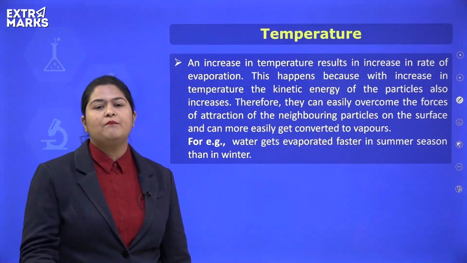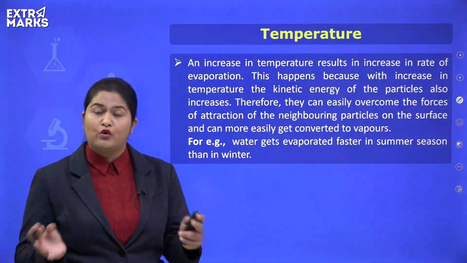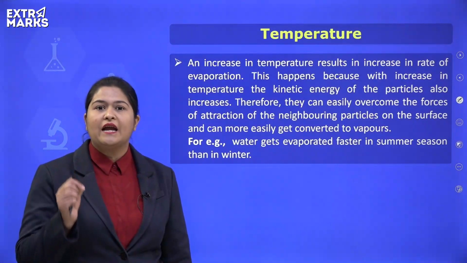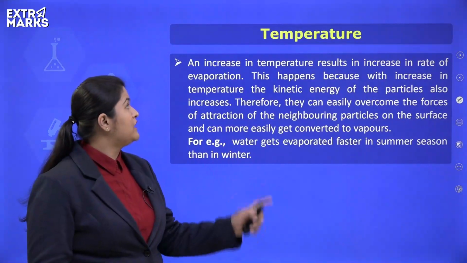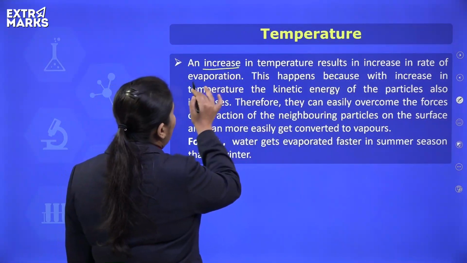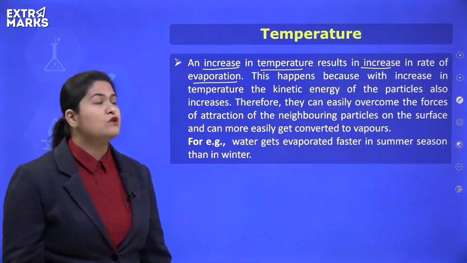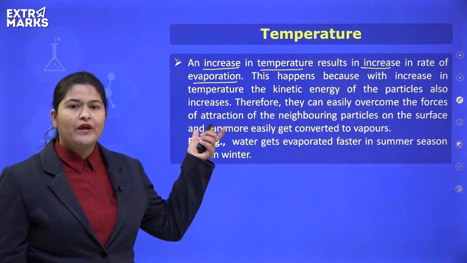With the increase in temperature, more heat is available for the liquid particles to absorb, and they will be able to increase their kinetic energy quickly. So, with the increase in temperature, the rate of evaporation also increases, and this happens because with the increase in temperature, the kinetic energy of the particles also increases.